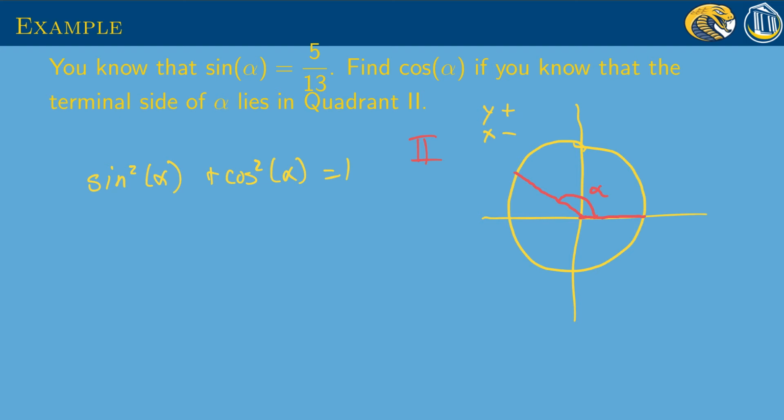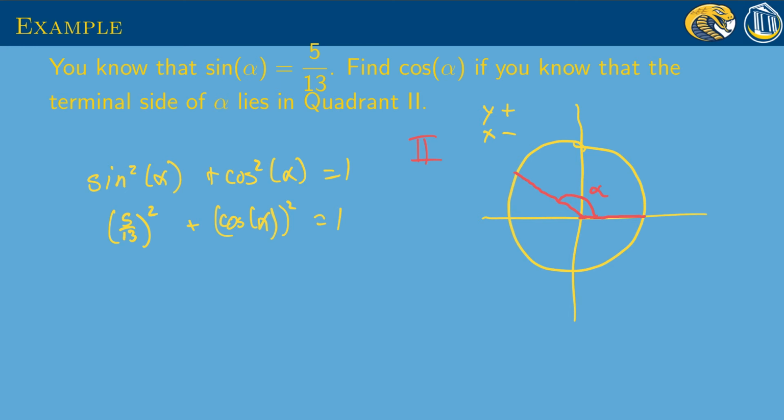Let's see if we can put all of this together to figure out what cosine of alpha is. Since sine of alpha is 5/13, that means sine squared alpha is 5/13 squared. 5/13 squared plus cosine of alpha squared equals 1.